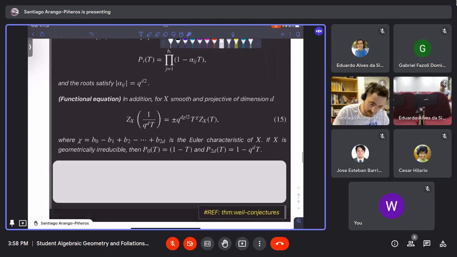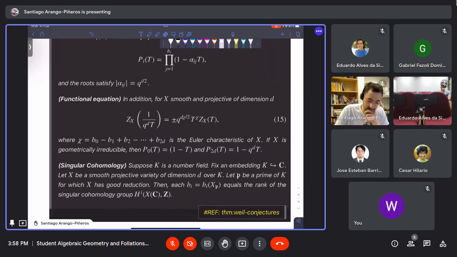And finally, and probably the most surprising one, is a relation with topology, with singular cohomology. So say you start with a variety not defined over a finite field, but over some number field. Fix an embedding of your number field into the complex numbers.